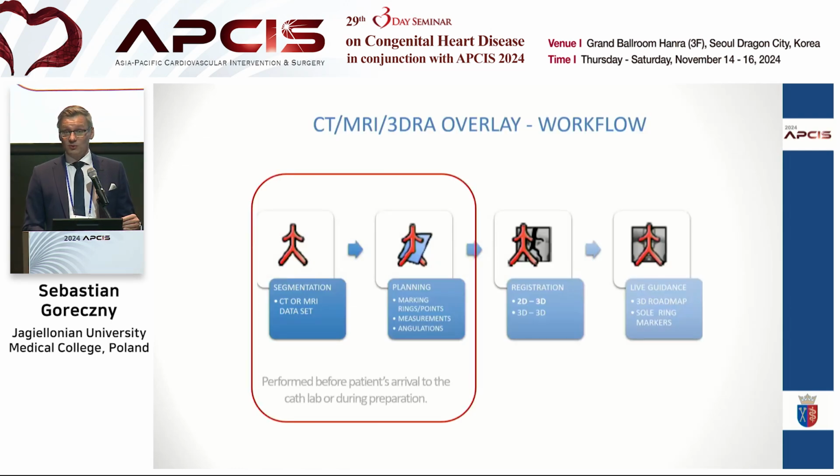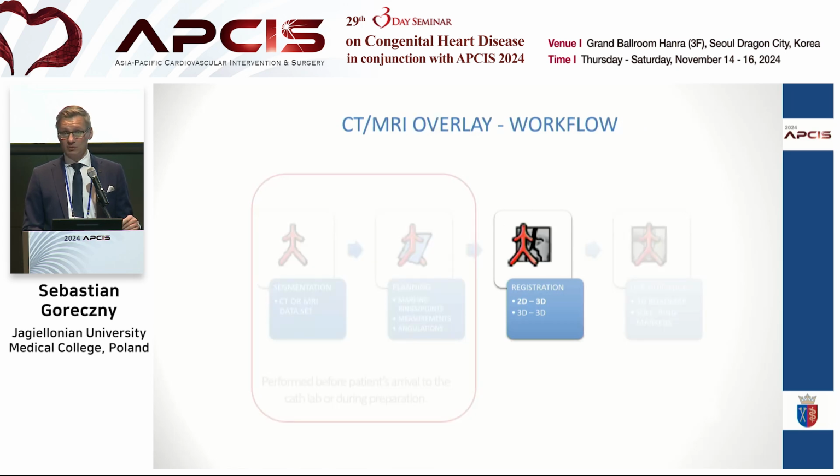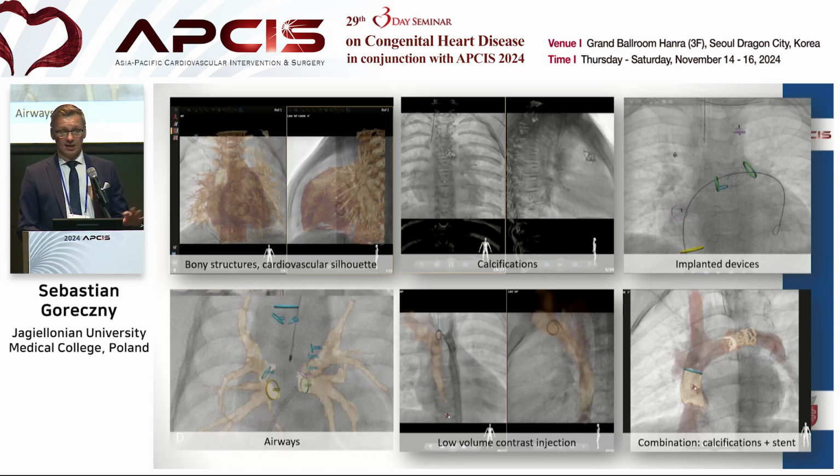So just to go through a few examples of fusion of CT and MRI, this is the most important moment: registration, and I cannot overemphasize that, because if you do it well, it will save you a lot of hassle during the case and make it much safer and more effective. Whenever I have multiple landmarks, I use them.